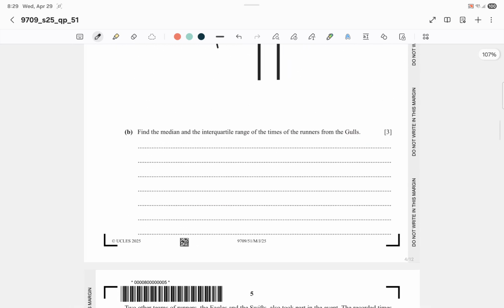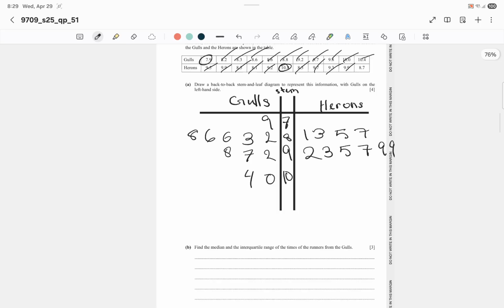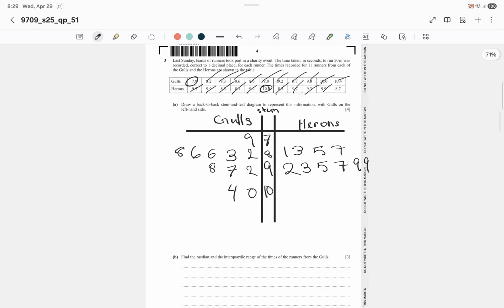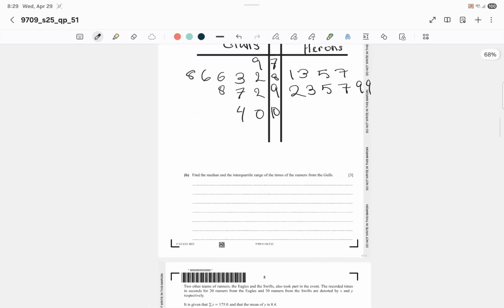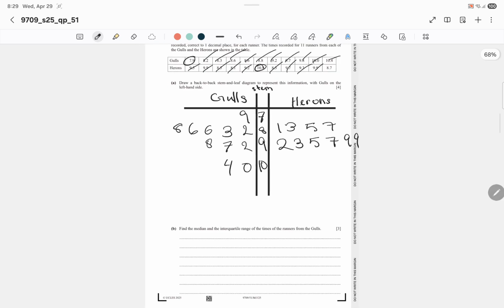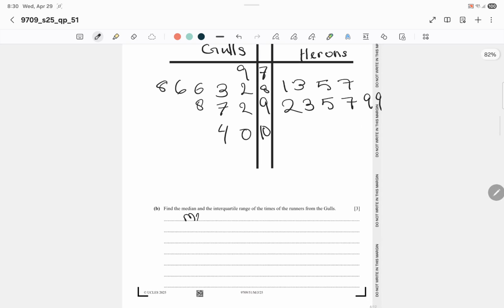Now it says find the median and interquartile range of the times. So median, basically, there's a total of what? Total given is 11. So either 5 and 6, right? So for girls, 1, 2, 3, 4, 5, 6. So between this, okay. So the median is going to be, it's between this and this.